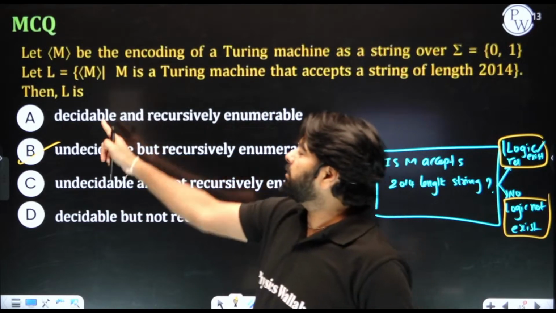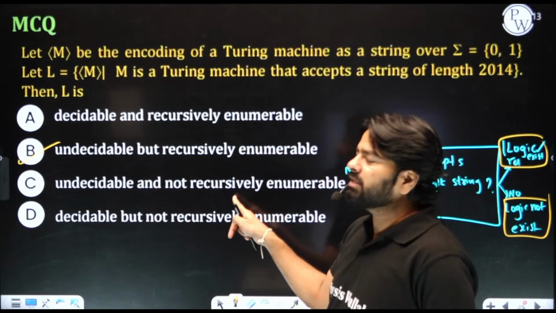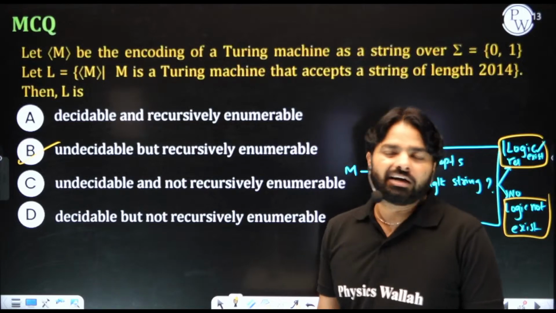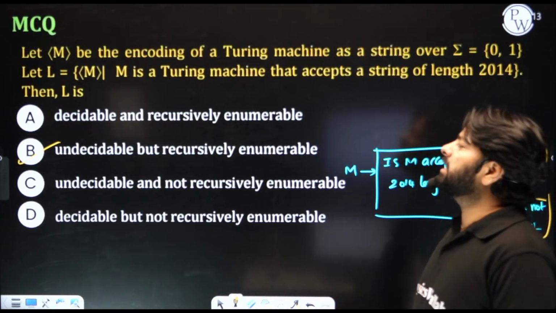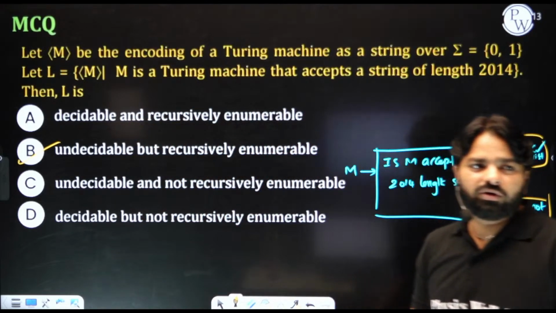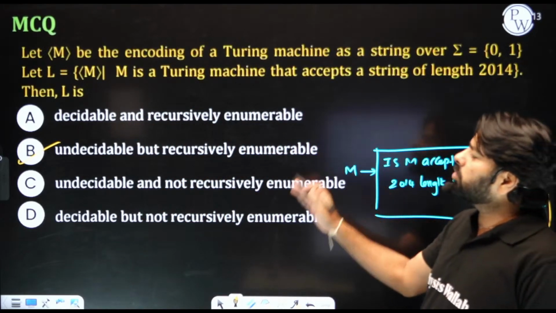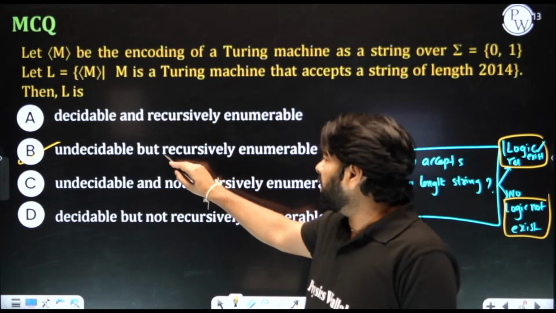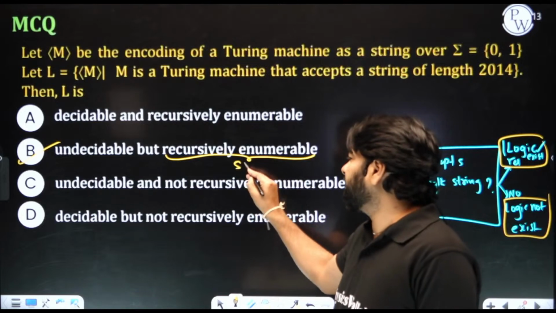You can't say decidable; you can say undecidable, but you can't say not RE. So only B, the second option, is right. Another name for RE is semi-decidable, SD.